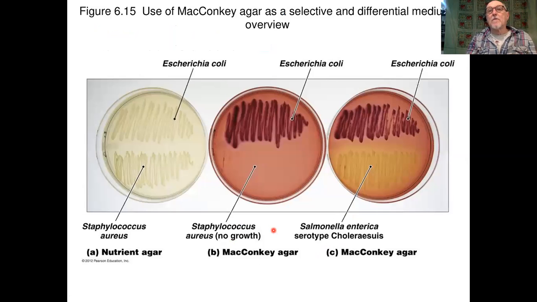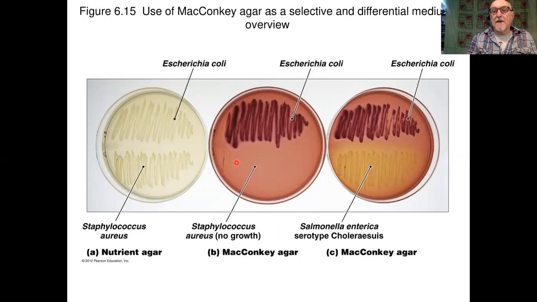Here's another one, which is also selective and differential. This is a very, very famous medium called MacConkey's. And here it is here. MacConkey's is used especially to select for a particular group of bacteria which are common in our gut, the Enterobacteriaceae.